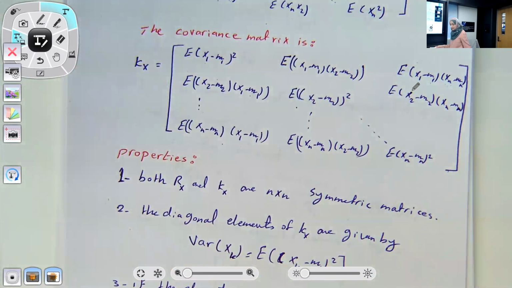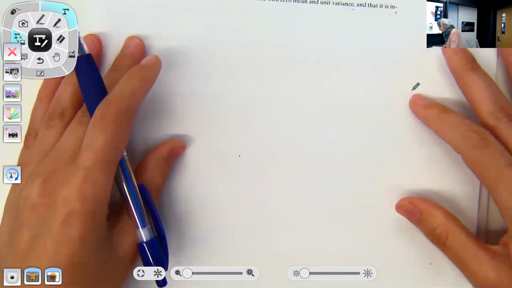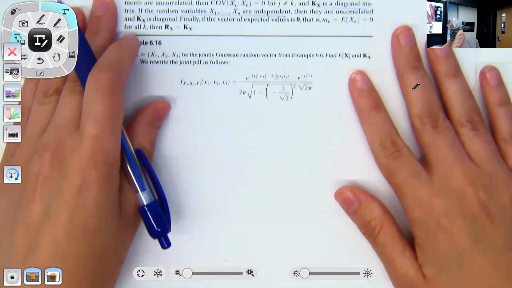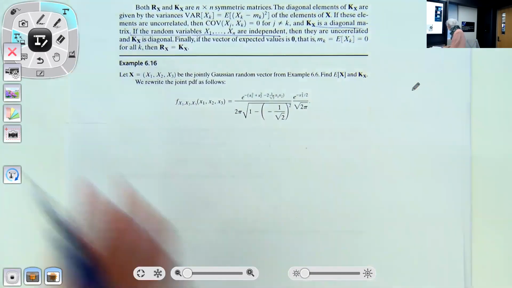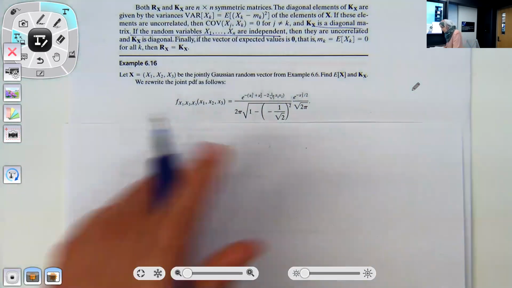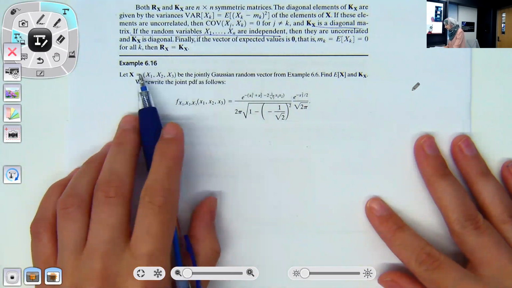Let's try to solve an example about these properties. Okay. Here we have an example. They give you: let x consist of 3 random variables.